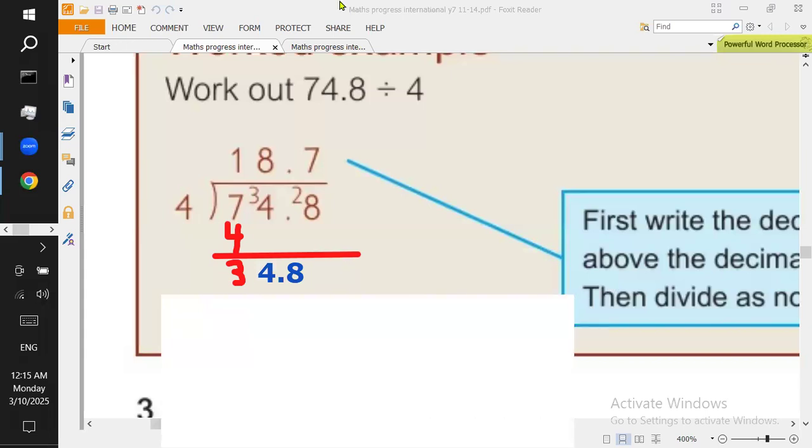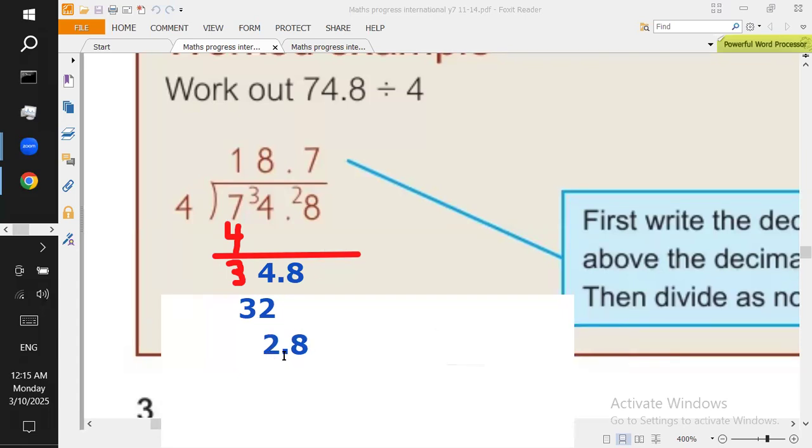So 34, the closest one is 32, which comes by multiplying by 8. So 8 times 4 is 32. We subtract, we leave 2 here, and then we put the point 8.